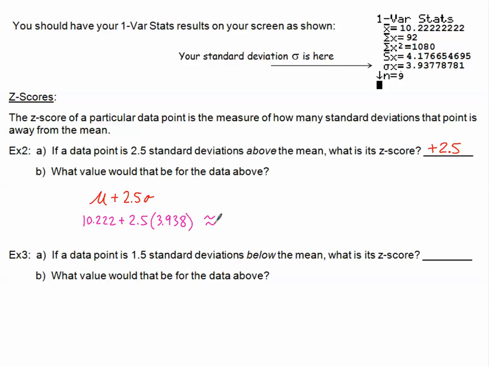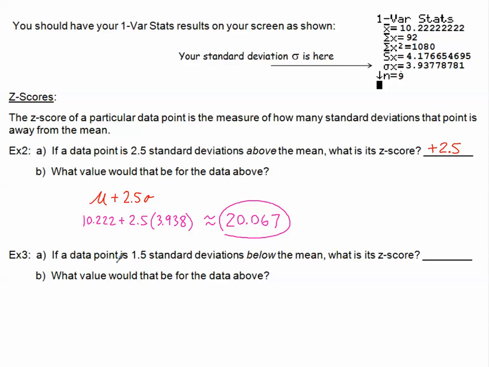So if we plug all of that in, we will get a value of 20.067. This is the data point for this set of data that would be exactly 2.5 standard deviations above our mean. Let's look at example 3.